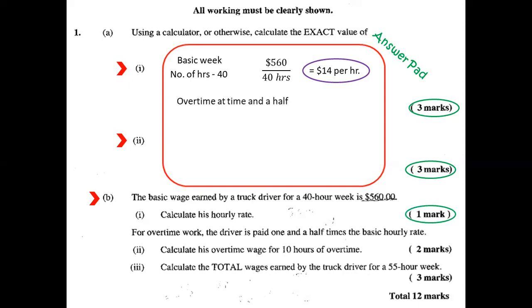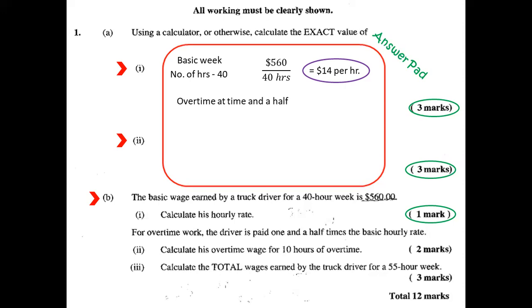And for the other part, overtime. You see, for overtime wage, double time is 2 times the regular rate. If you're working overtime at triple time rate, it's 3 times whatever the regular rate is.